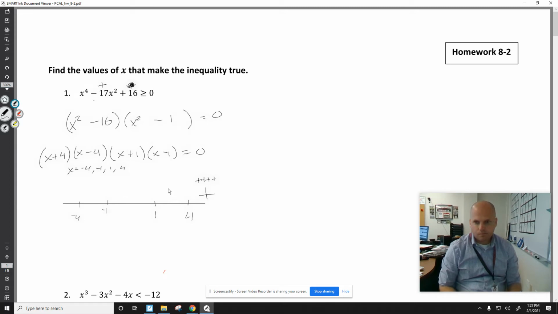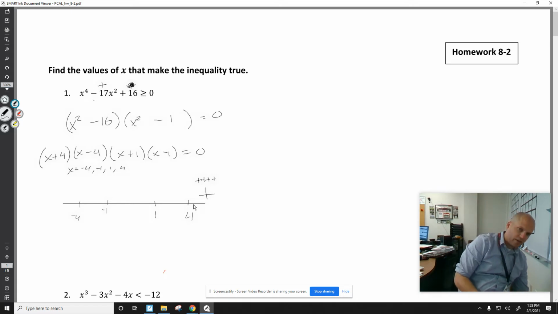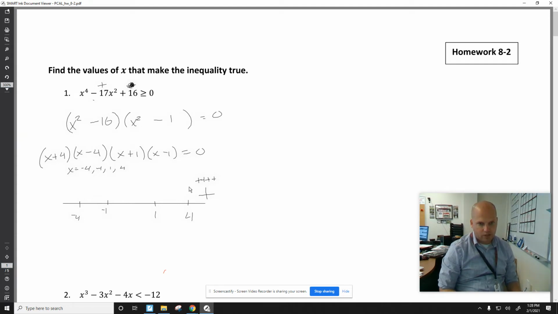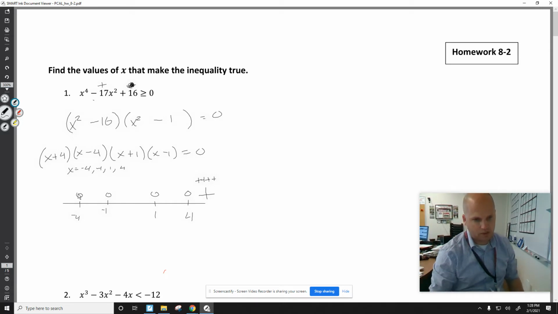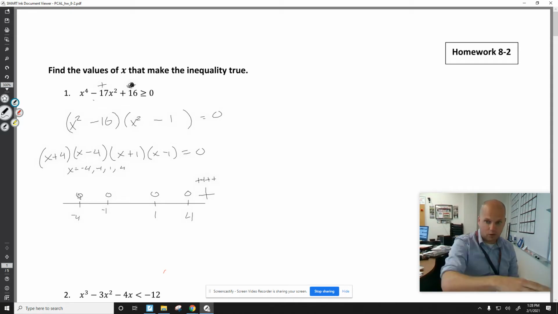Let's plug in something in between 1 and 4, because these are all zeros. Negative 4, negative 1, 1, 4, those are all going to be zeros. And we know that sometimes you bounce off a 0 if you have a multiplicity of 2, an even multiplicity, not just 2. If you have an odd multiplicity you go through.